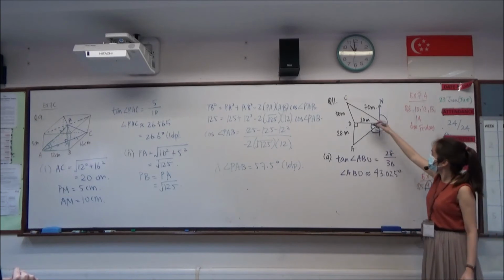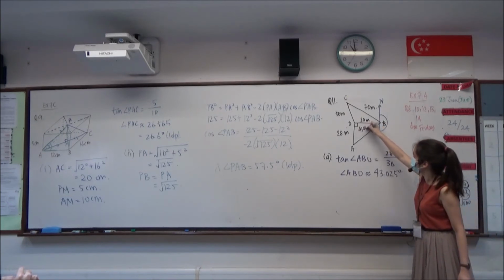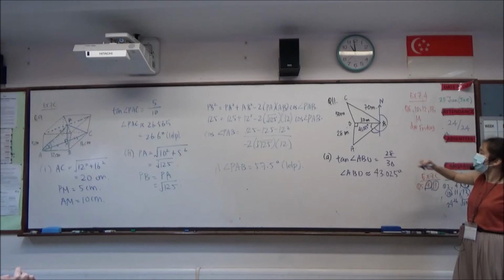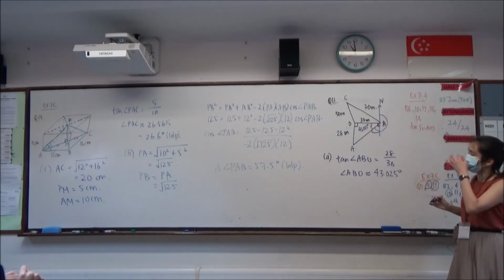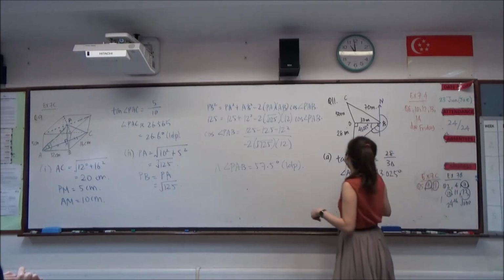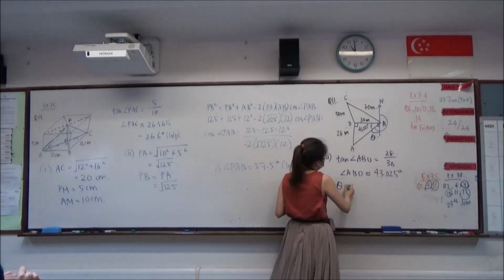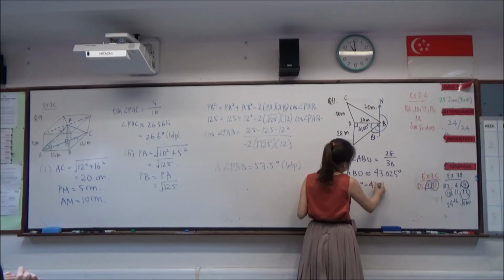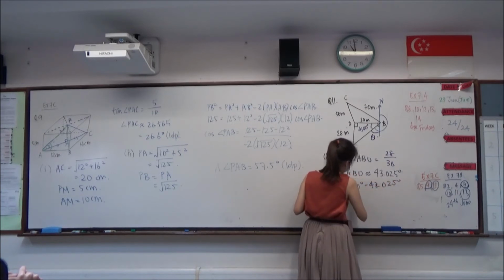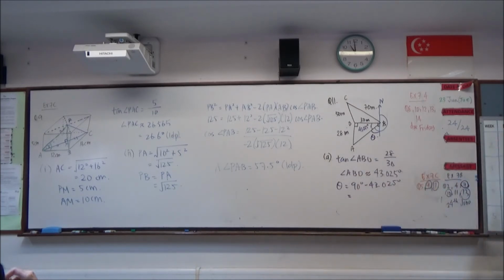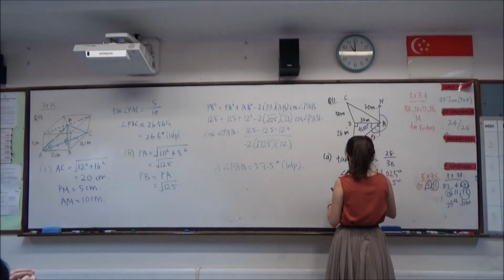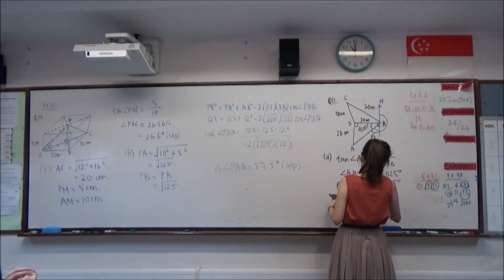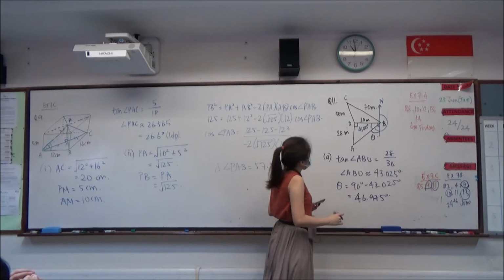Because it says B is due east of O, this must be 90 degrees here. Finding the angle theta, it will be 90 degrees minus 43.025 degrees, and we have 46.975 degrees.